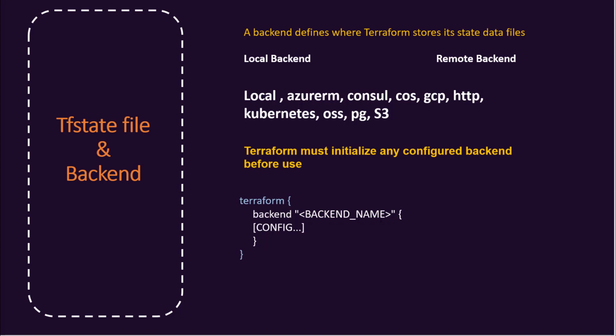Every time we change the backend configuration, we should use terraform init to initialize our configuration again. How can we use it in the Terraform block? Just use backend and give the name of the backend we are using, and the configuration. Let's go back to our configuration.